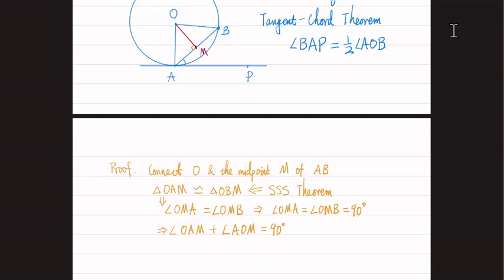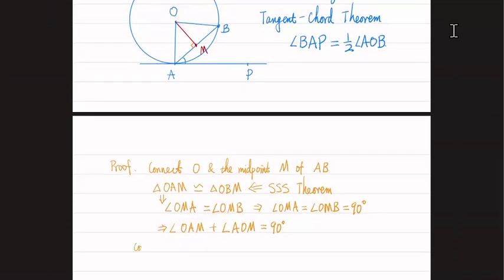Okay, so now let's check another summation. Compare angle OAM and angle BAP.